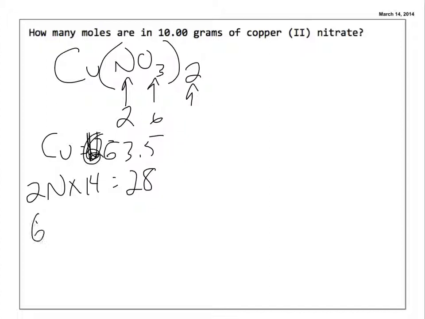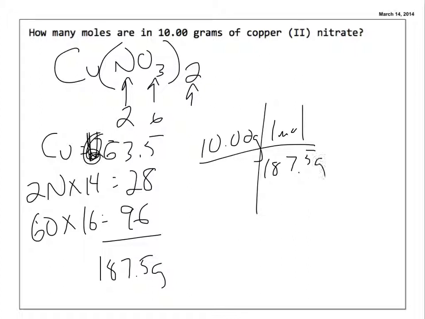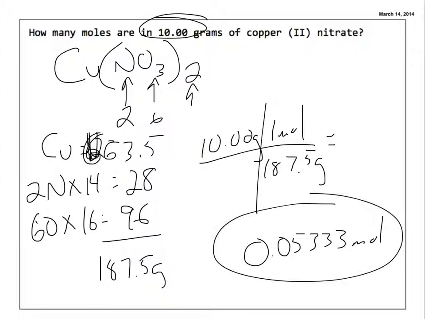And then 6 oxygens times 16 is 96. So the total molar mass here is 187.5 grams. So 10.00 grams times 1 mole over 187.5 grams equals 0.05333 moles. My starting number has 4 significant figures, so my answer has 4 significant figures.